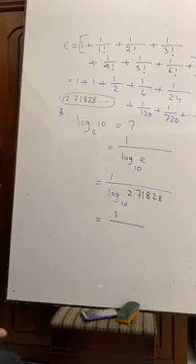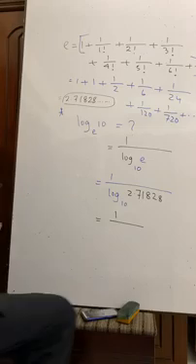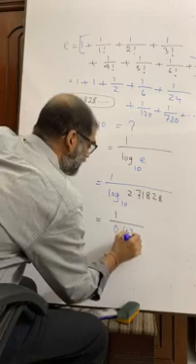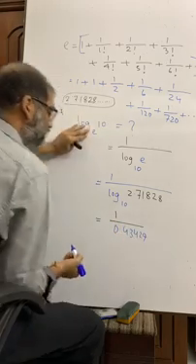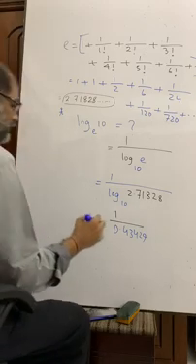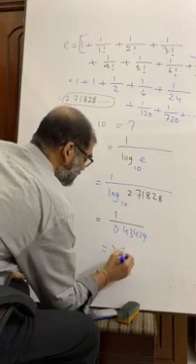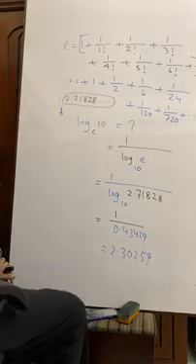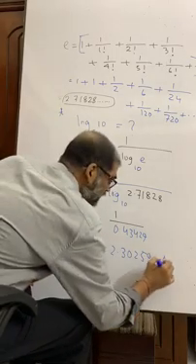Write down log 2.71828. You will get 0.43429 like this. Equal to 2.30259 approximately.